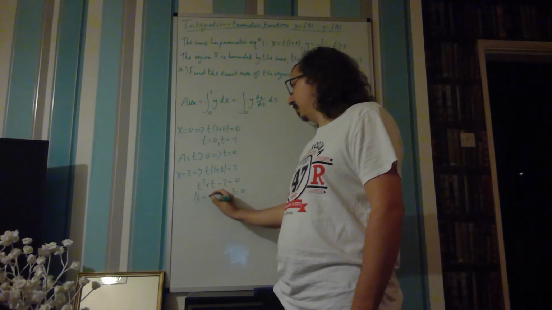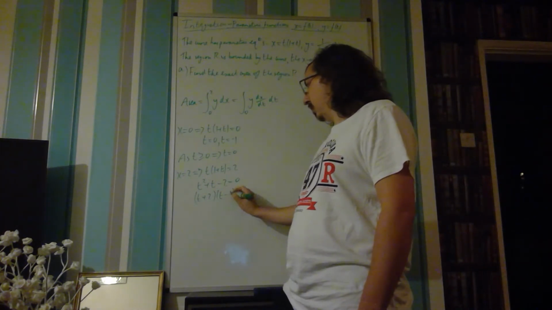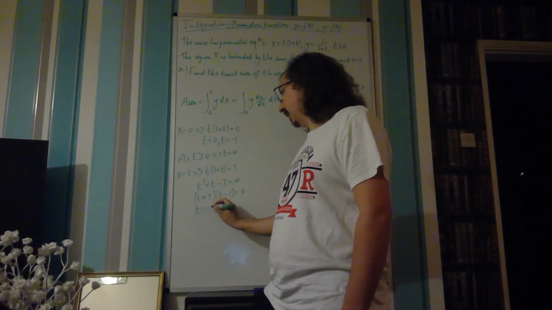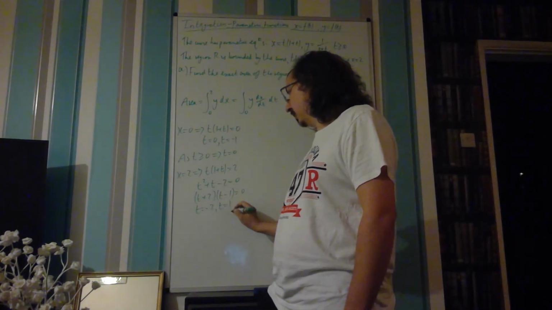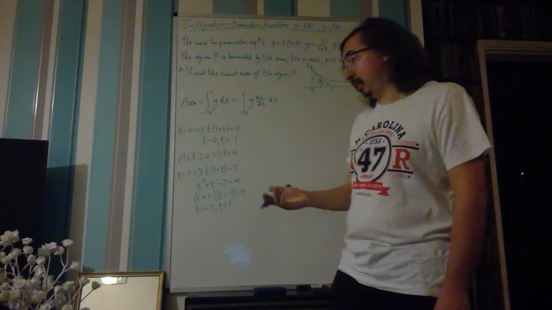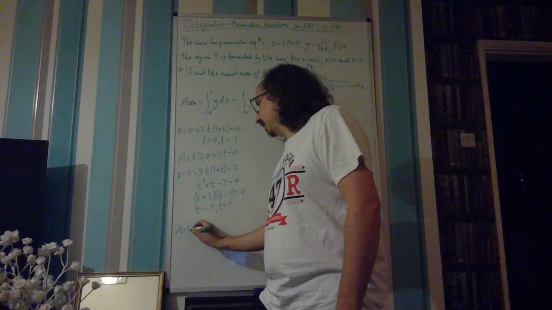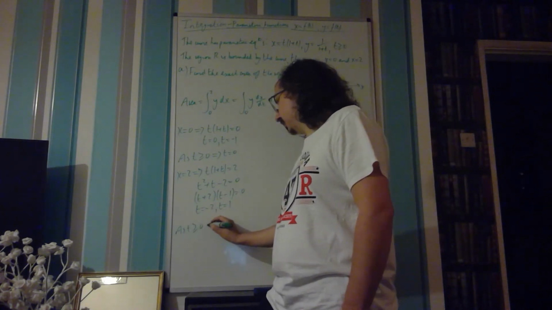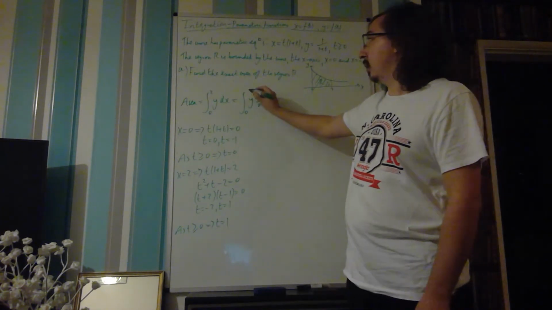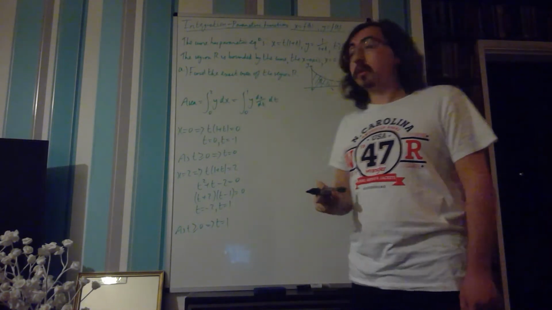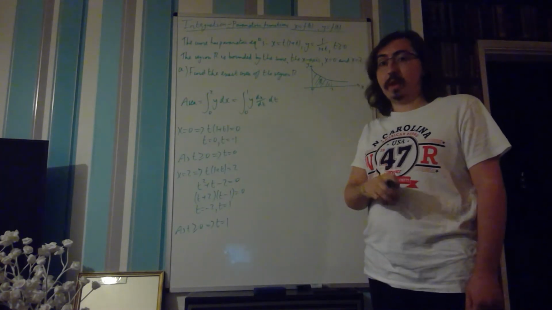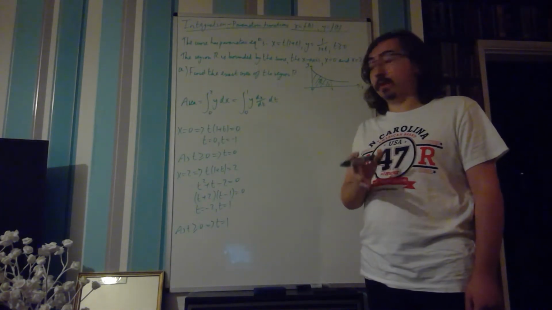So we've got (t plus 2)(t minus 1). So therefore t is equal to minus 2, t is equal to 1. And the same argument as with the last limits, as t must be greater than or equal to 0, that implies t is equal to 1, which becomes our upper limit. So you cannot just assume that they're going to be the same numbers for both x and for t. They're very likely to be different.